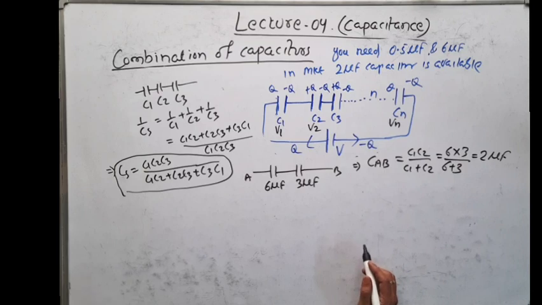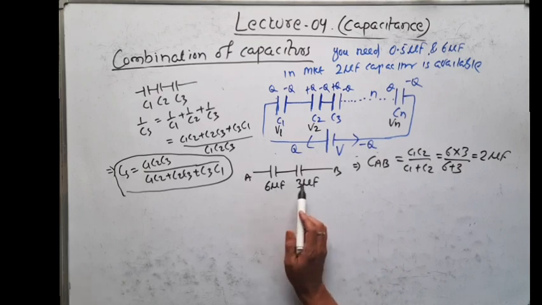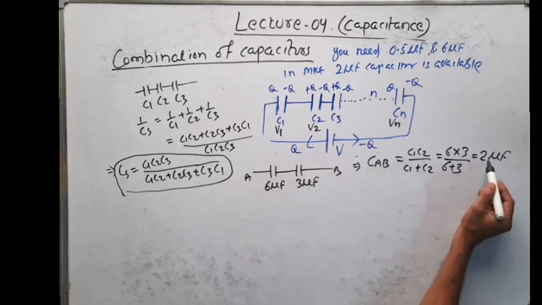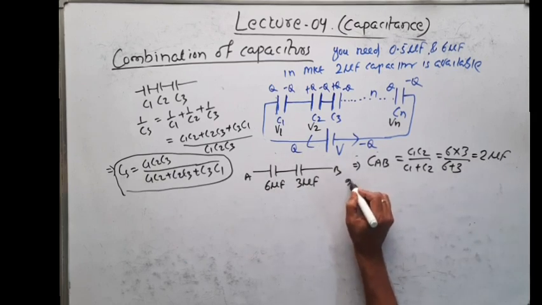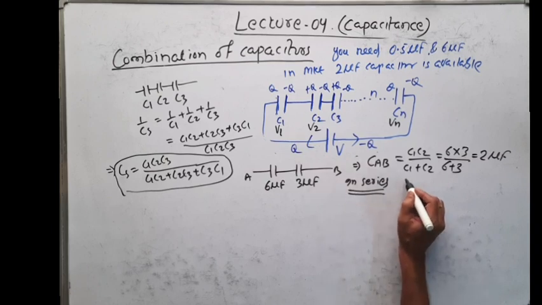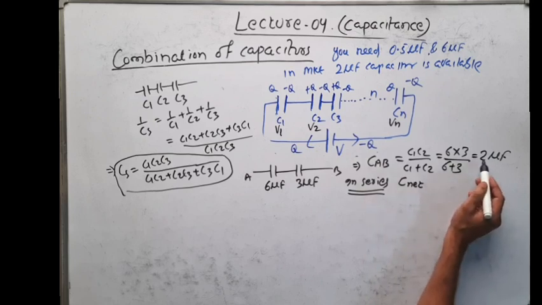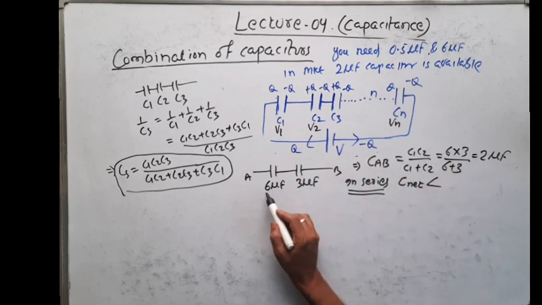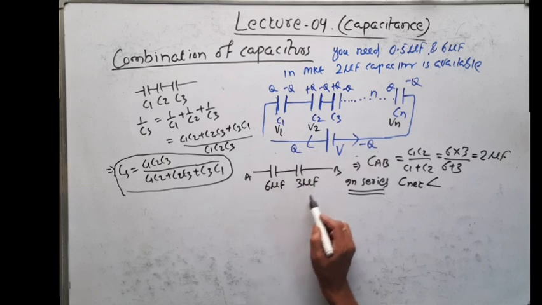So what is the conclusion you see? There are two capacitances, 3 and 6. But the net capacitance is 2. So that means in series connection, the total or net capacitance, which is 2, is less than the lowest of the individual values.